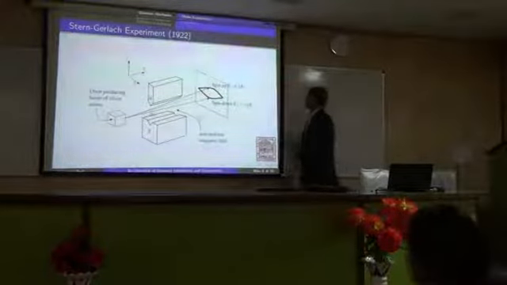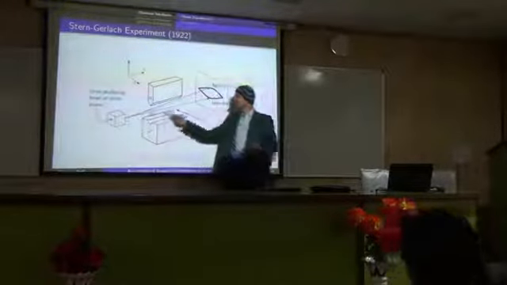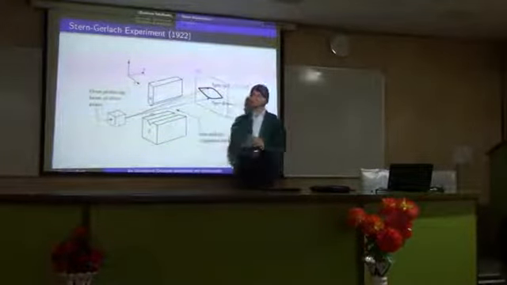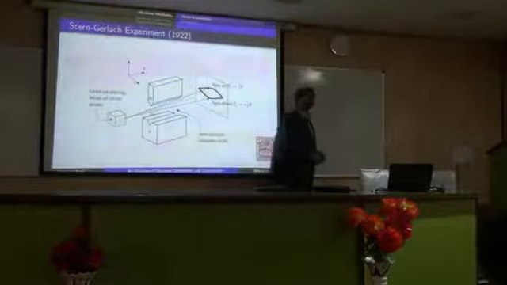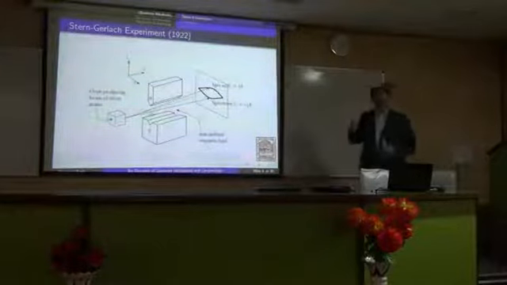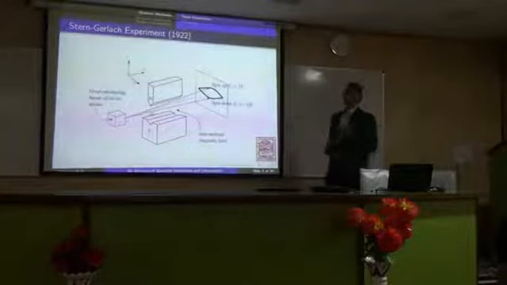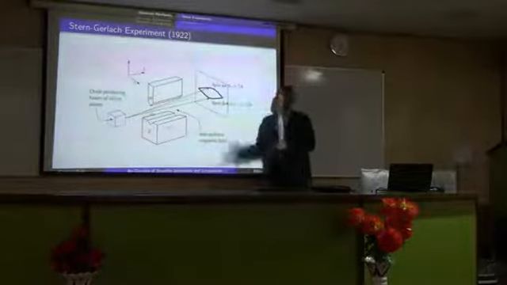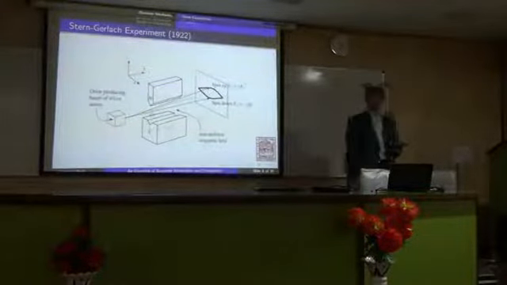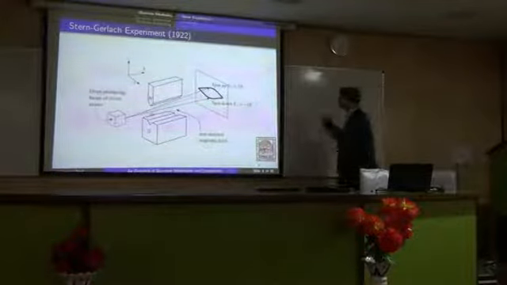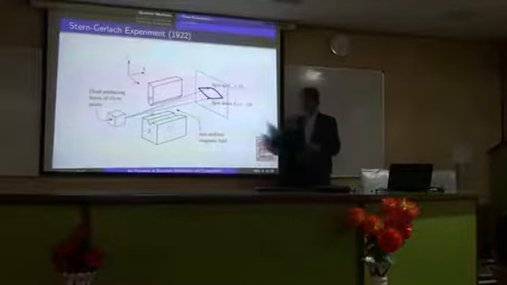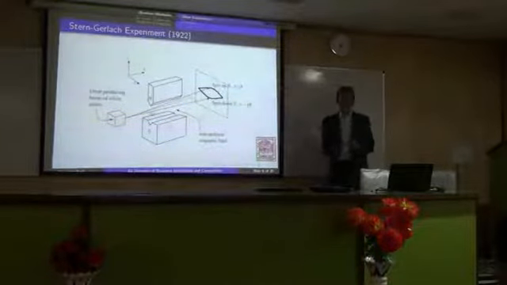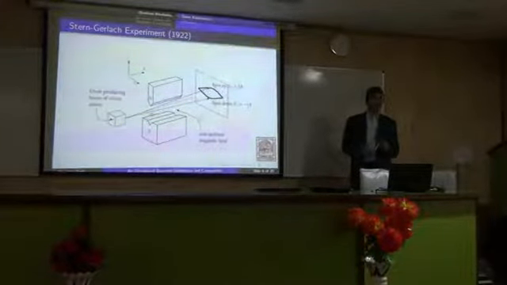So what do we expect? We expect silver atoms going through this non-uniform magnetic field to get non-uniform deflection, and we are expected to have a continuous spectrum on the screen. But this experiment shows that the spectrum is confined to two specific levels.